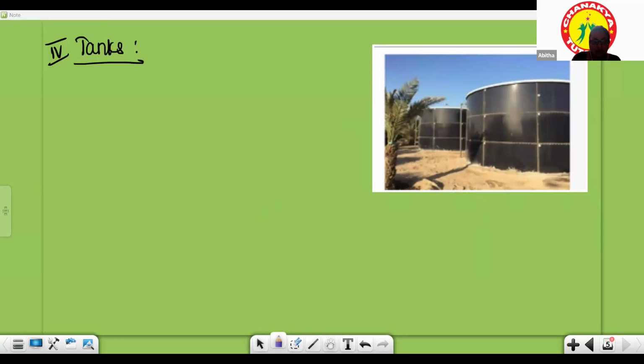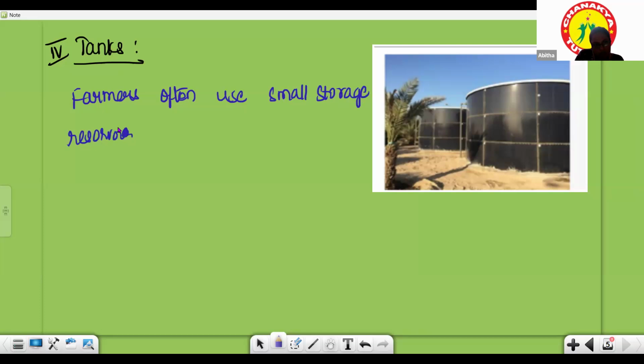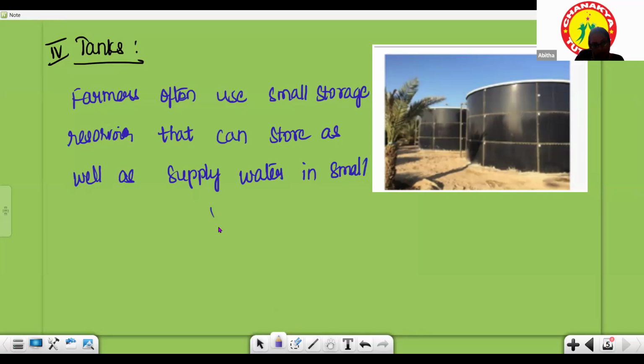Farmers often use small storage reservoirs for water supply in small fields, that can store as well as supply water in small fields.